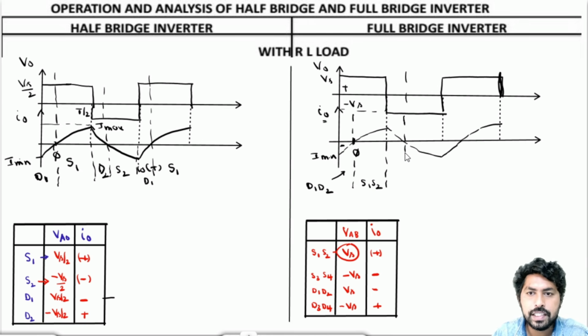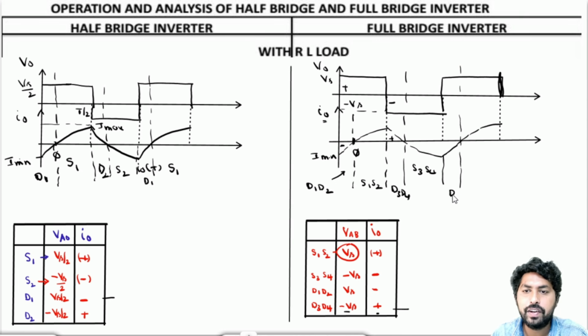Then voltage is negative and current is positive, so it will be D3, D4. Then voltage and current both are negative, so it will be S3, S4. It is a cycle; after T it will be D1, D2 and S1, S2 again. So now we have found the different parameters.